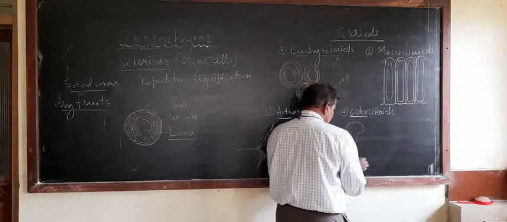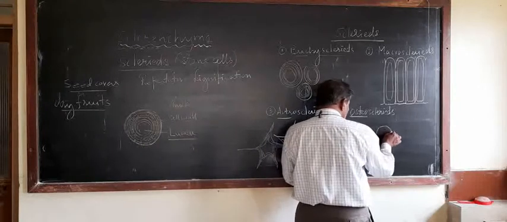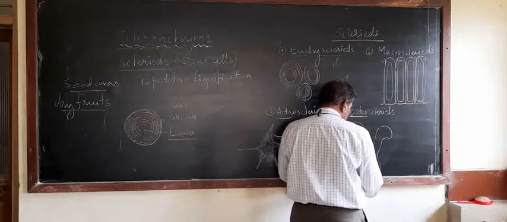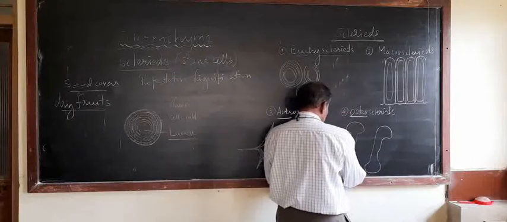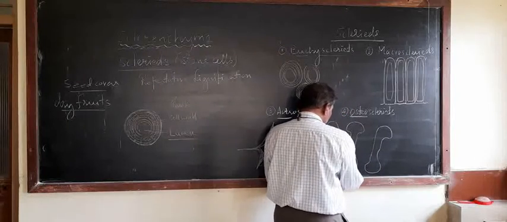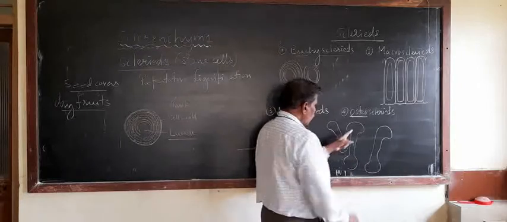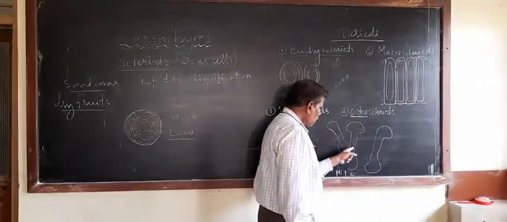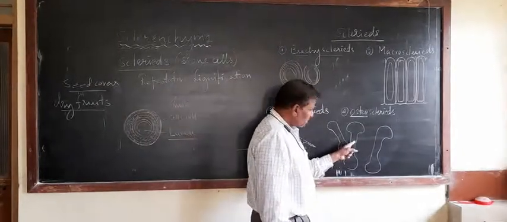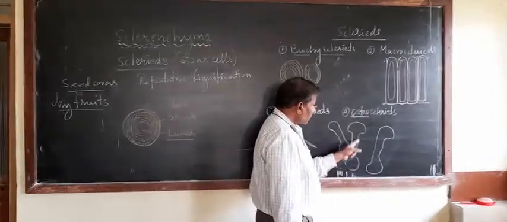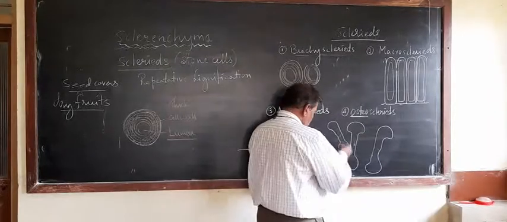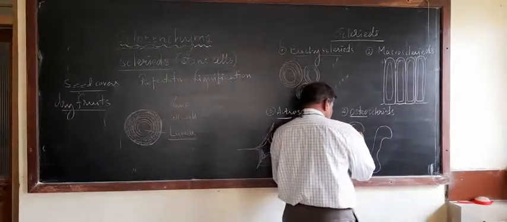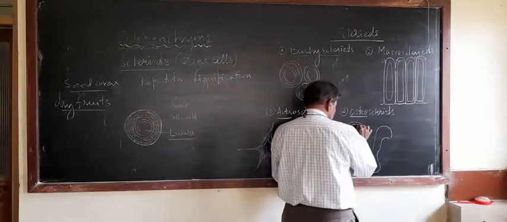Usually, the sclereids have the dilated edge, widened edge, and the narrow middle part. This is the narrow middle part. And these are the dilated ends or widened ends.